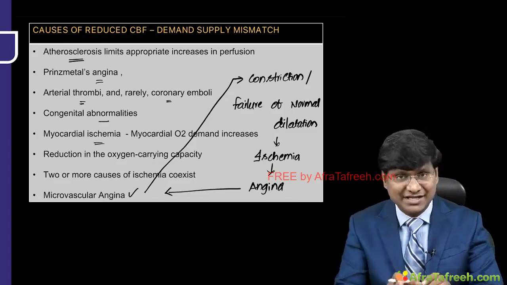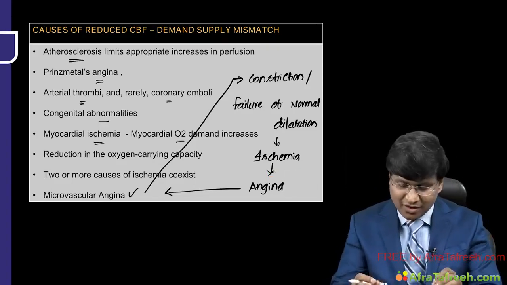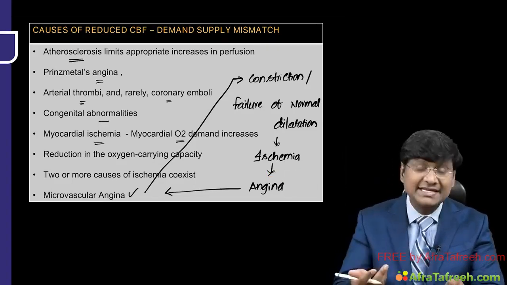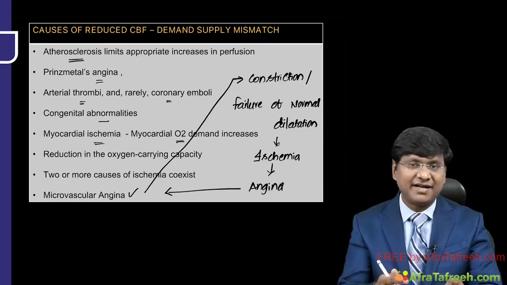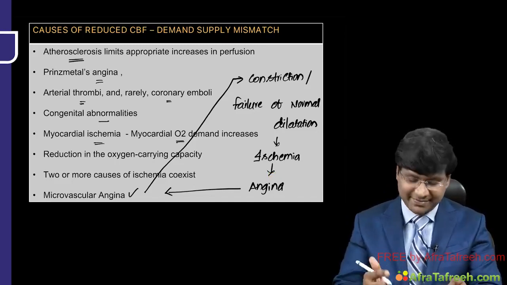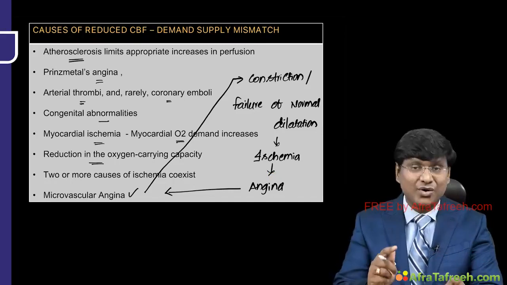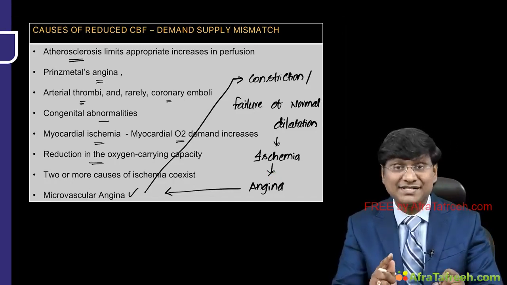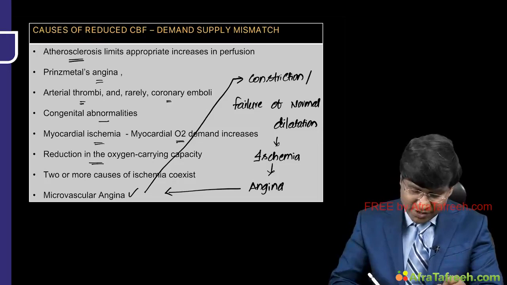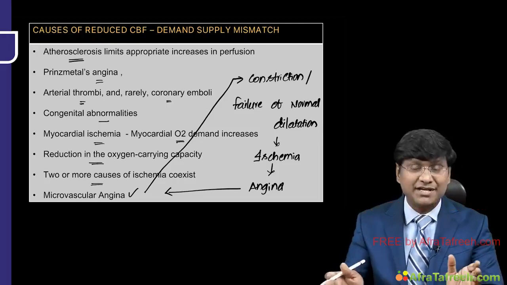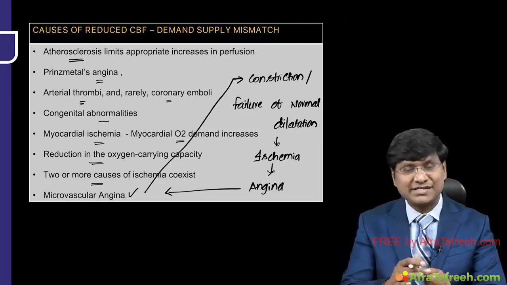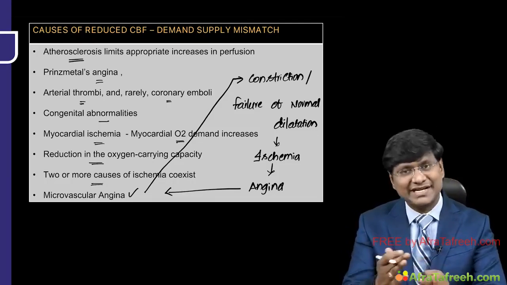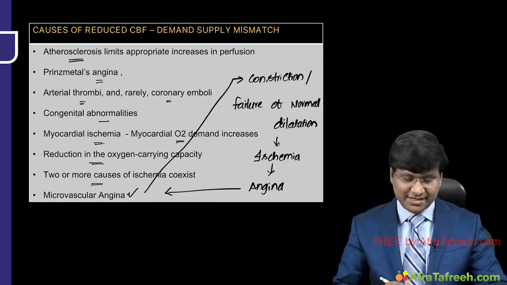Myocardial ischemia secondary to increase in myocardial oxygen demand, like left ventricular hypertrophy secondary to aortic stenosis or hypertension. Then reduction in oxygen carrying capacity that happens in anemia and carboxyhemoglobin. Two or more causes of ischemia if they coexist, like atherosclerosis and hypertension, atherosclerosis and anemia, and then microvascular angina.